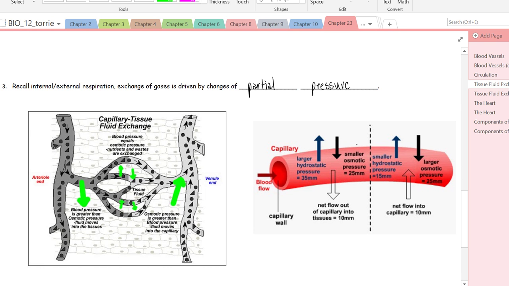So as we're entering into the tissue, okay, we've got, think of the arterial end being rich in nutrients, right? So we're high in oxygen and nutrients. And so when you're full of solutes, right, the pressure is going to be high.